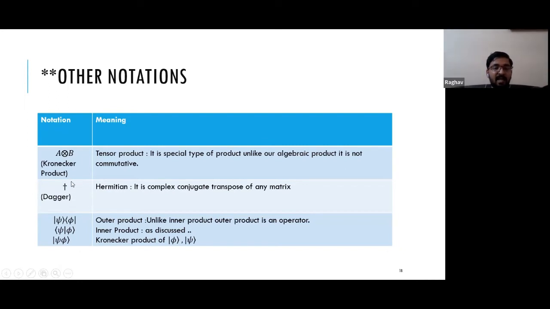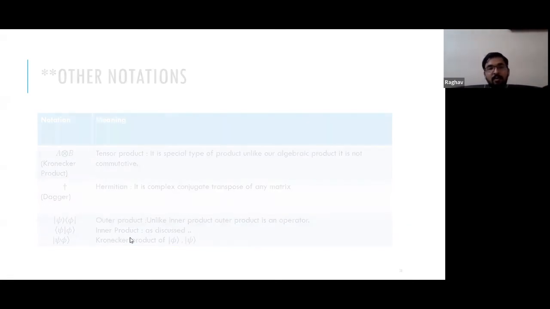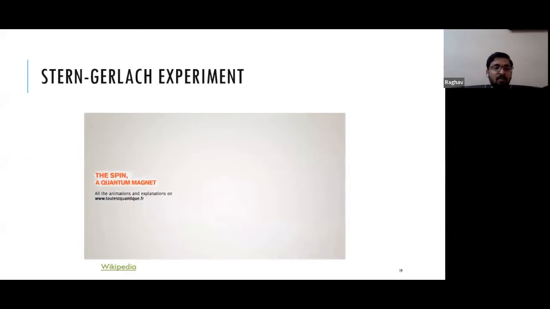And this symbol, the dagger, simply means complex conjugate and transpose of any matrix. Whenever we use this operator, we are conjugating and transposing the matrix. And there are other products too, outer products, inner products. We will go through them. So this is, like I told you, qubits.